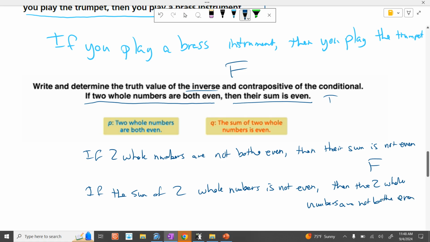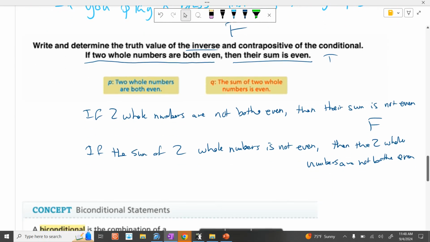True or false? This one is actually true. If the sum of two whole numbers is not even, so it's an odd sum, then the two whole numbers are not both even. That's true. One is even, one is odd. Okay, so that's a true statement.